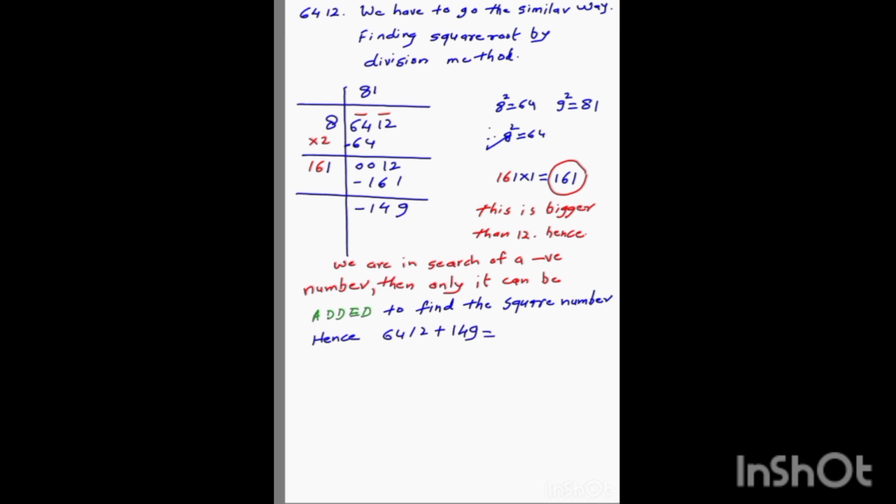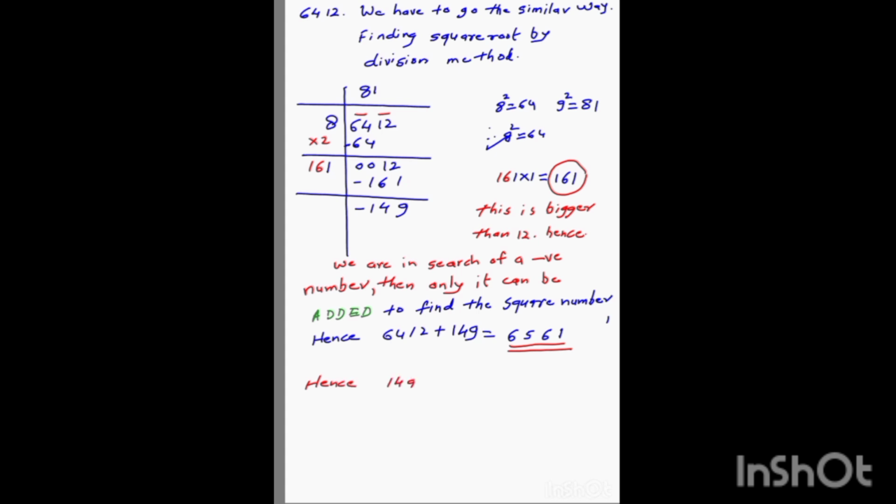What is the number? 9 plus 2 is 1 and carry, then 4 plus 1 is 5, and 6 is 6. 6561 is the number. This is a perfect square, or this has a square root.